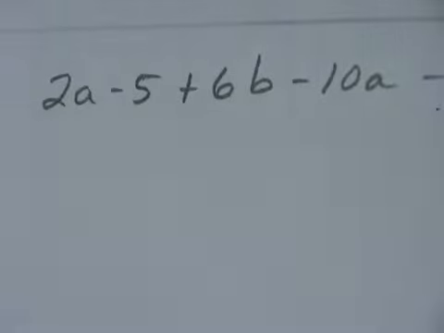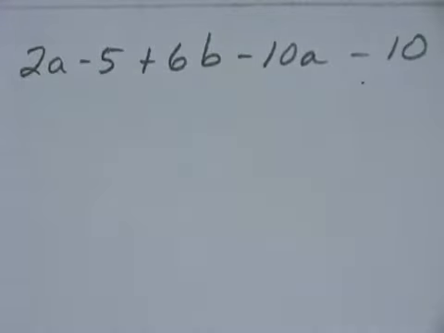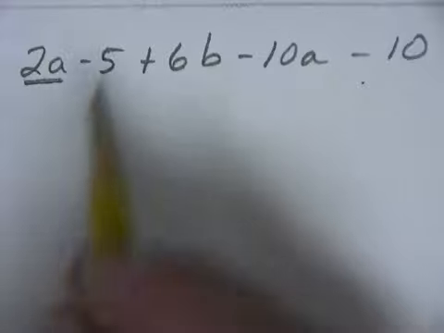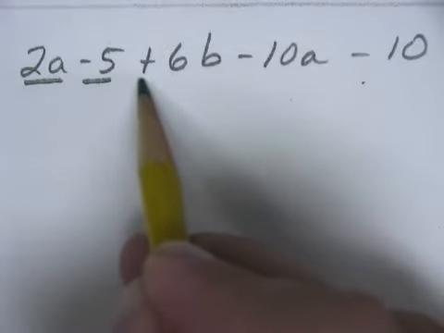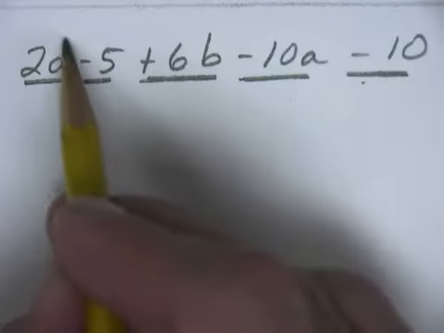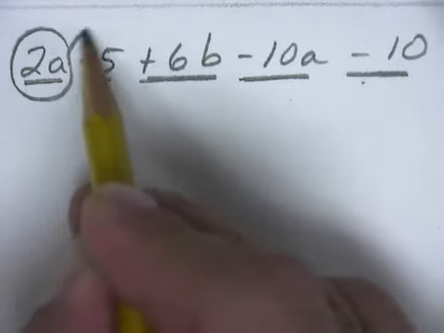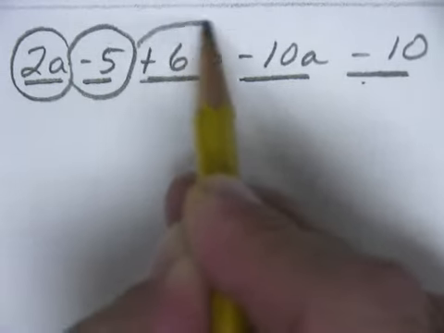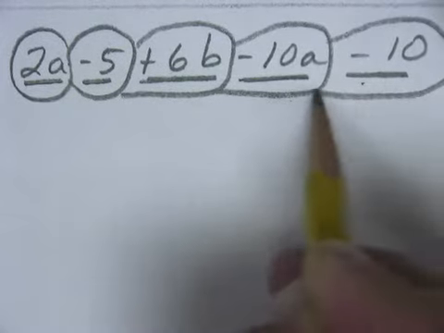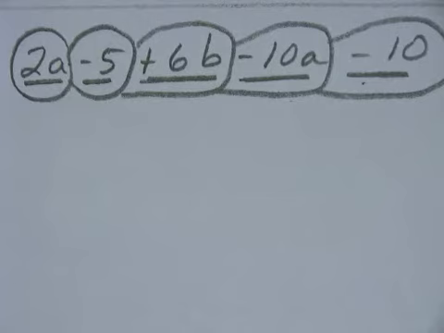Here's another one. All right, the first task is to figure out how many terms we have. So there's 1, there's 2, there's 3, there's 4, and there's 5. There are the 5 terms.